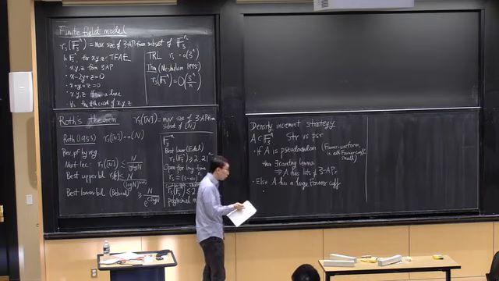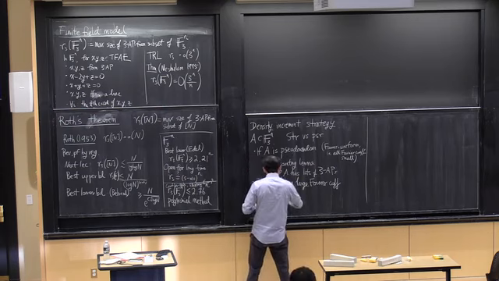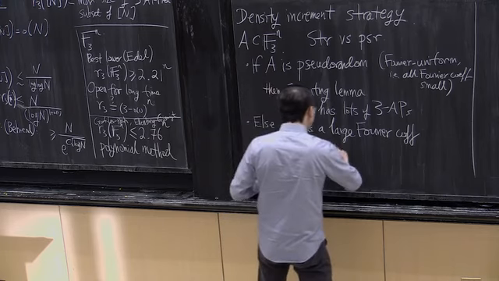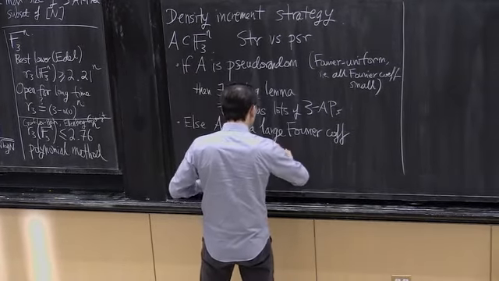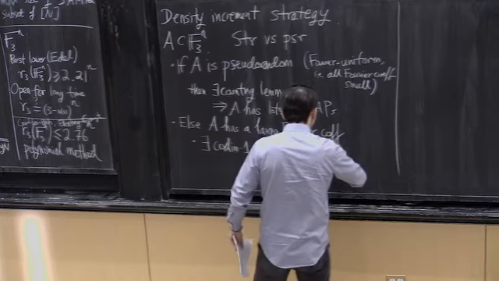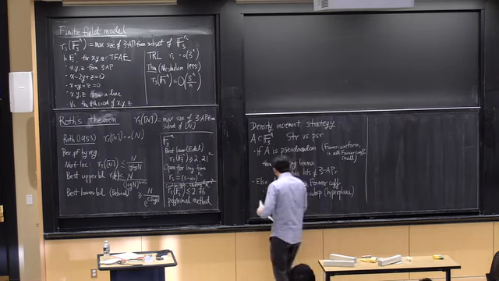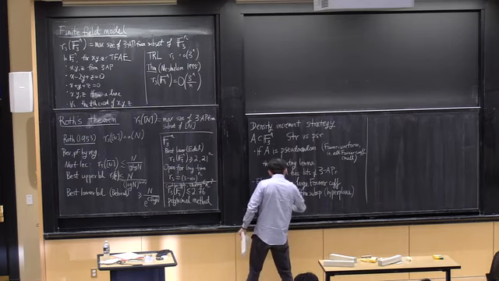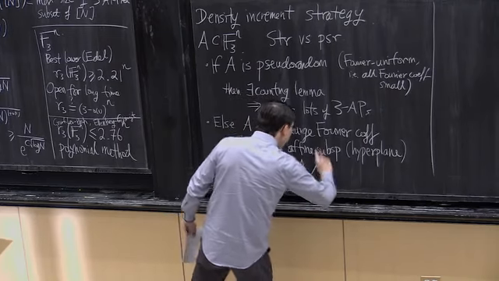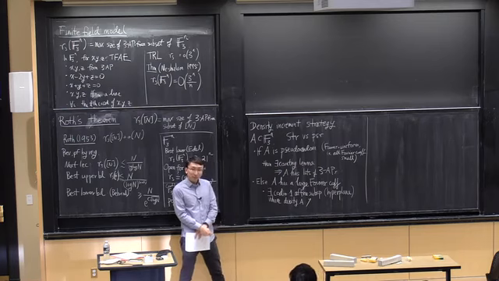And what we'll do is to use this Fourier coefficient to extract some codimension 1 affine subspace, it's also called a hyperplane, where the density of A goes up significantly if you restrict to that hyperplane.